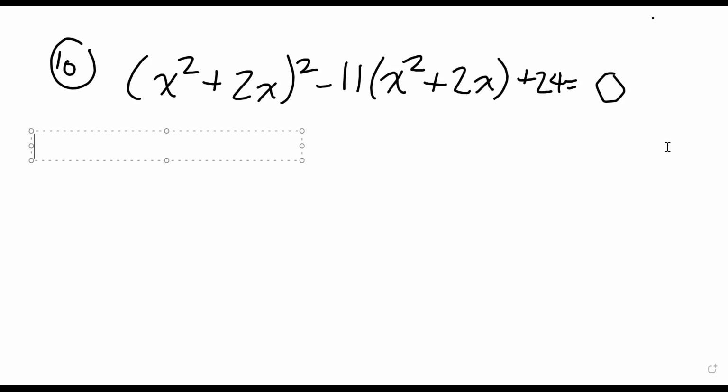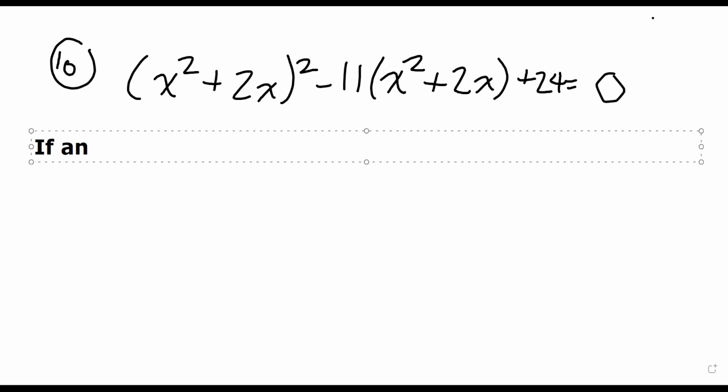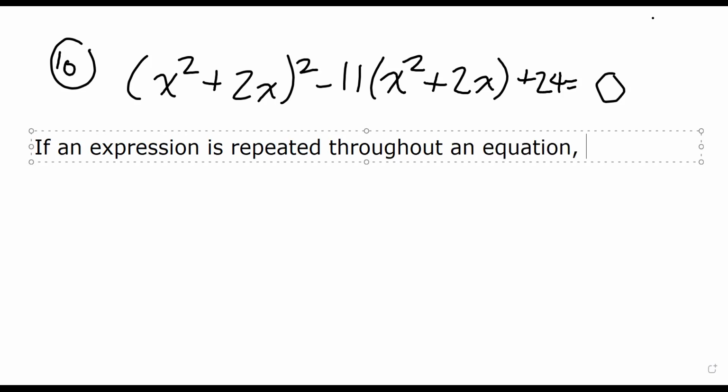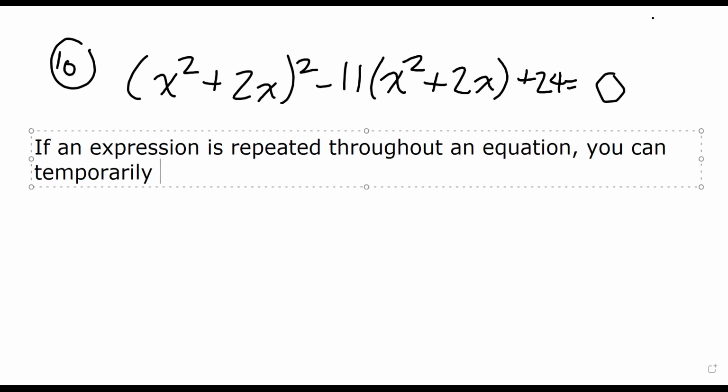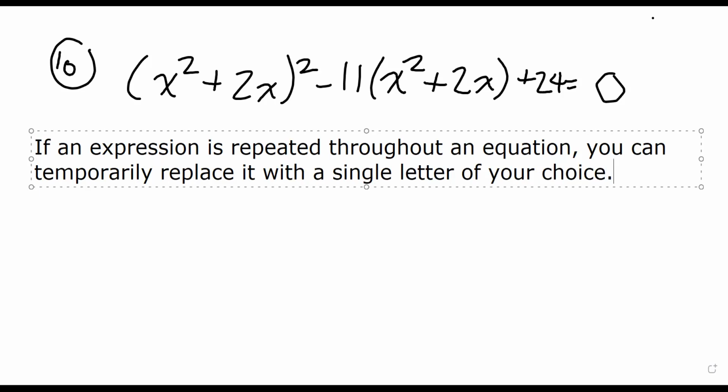It's probably something I said in one of the videos: if an expression is repeated throughout an equation, you can temporarily replace it with a single letter of your choice, like a u. There's no particular reason why they choose the letter u. The only letter I can't pick is x because it's already in play.